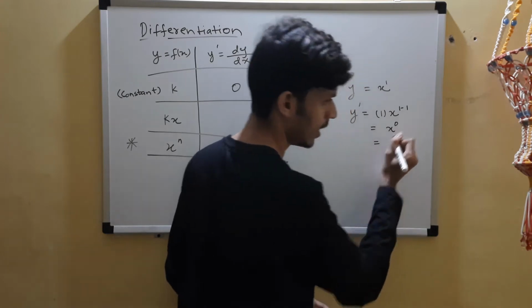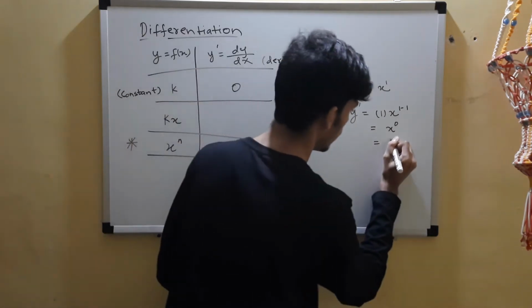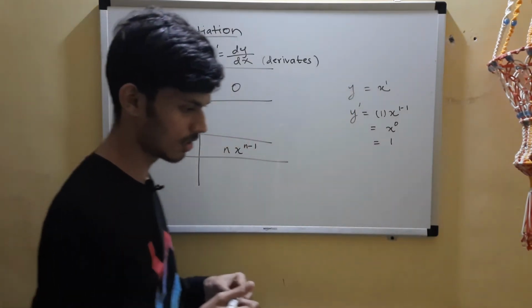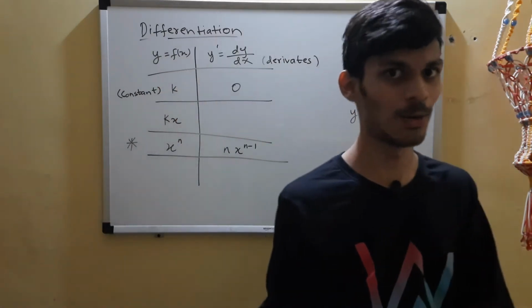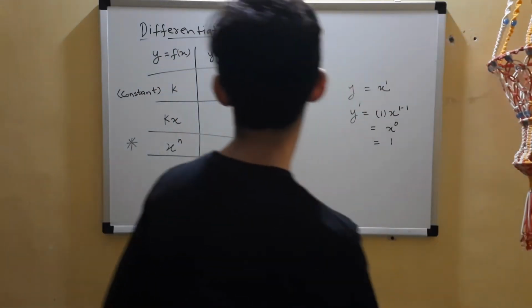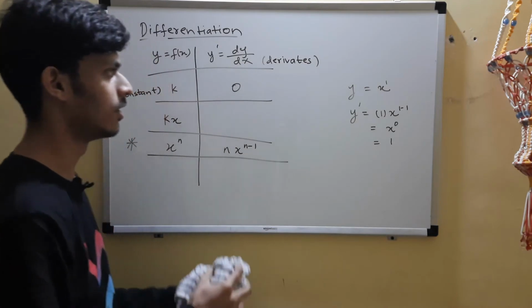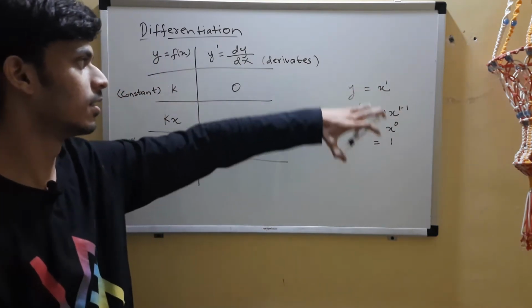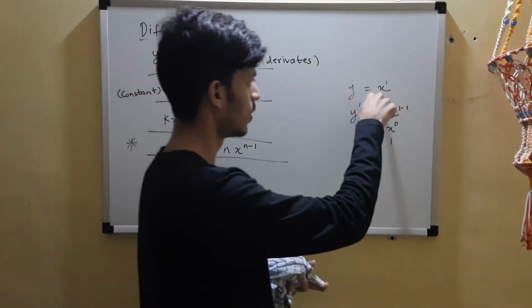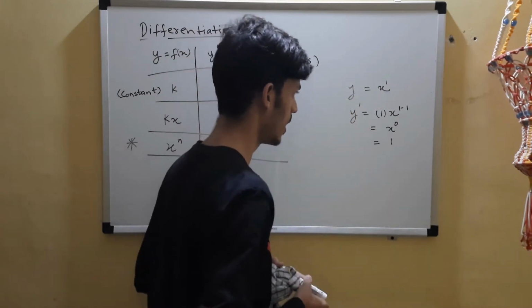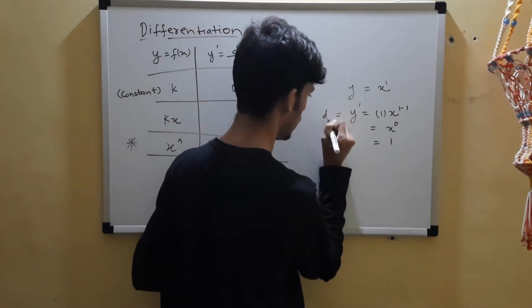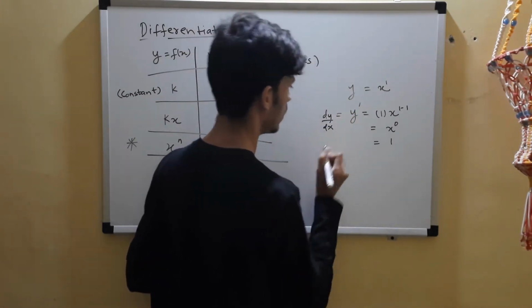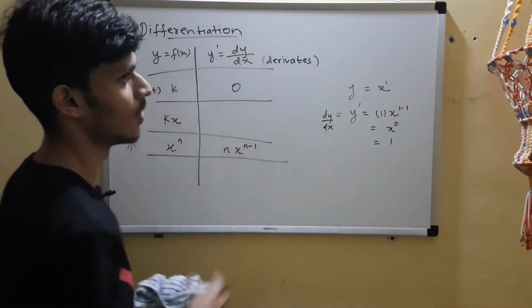Anything raised to 0 is 1. So the differentiation of x with respect to x will be 1. Like dy by dx, if you have y equal to x and you want to find dy by dx, it will be 1.